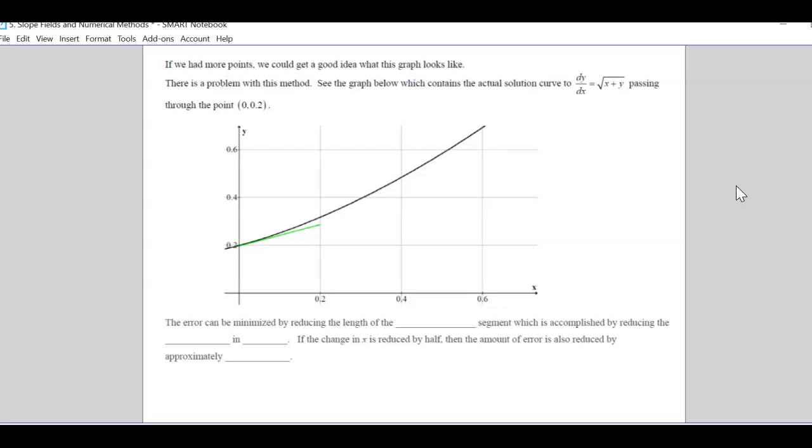0.4, 0.42, so that'd be 529 would be about there. 0.6, 0.611 would be here. So we'd be joining these like that, and it's off, right? Because we're estimating.